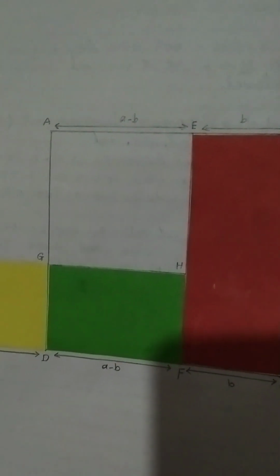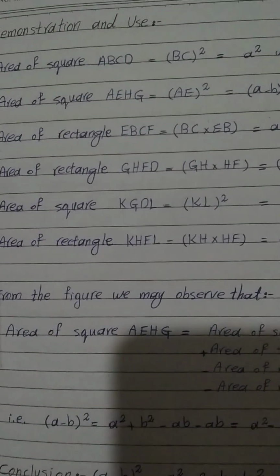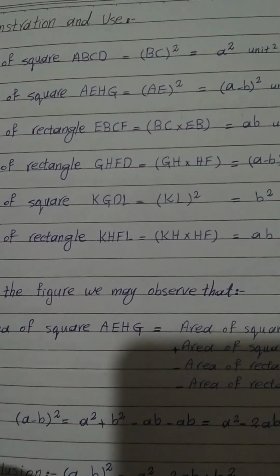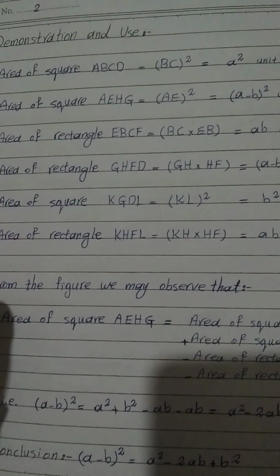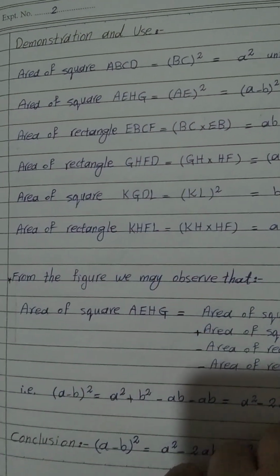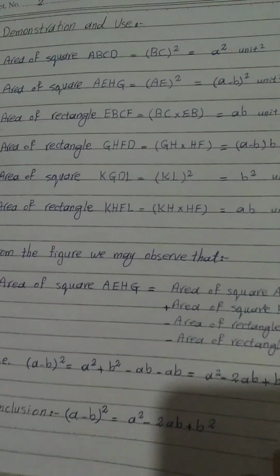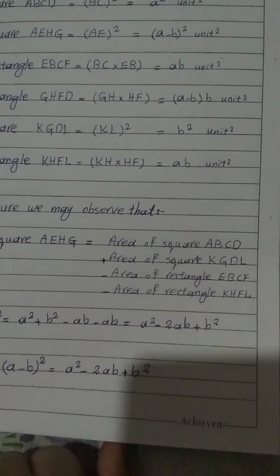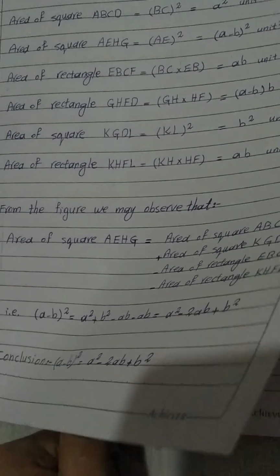Then you are going to cut the papers, and it's going to prove it based on this. Like this square size is this much, this square size is this much, this rectangle is this much, then we can prove that the formula comes out correct.